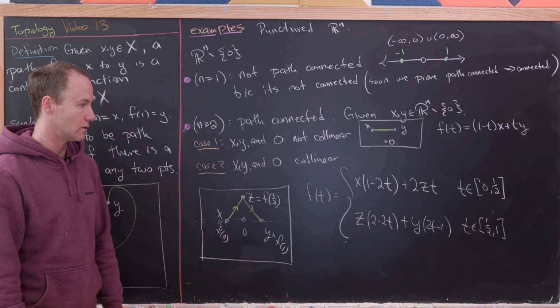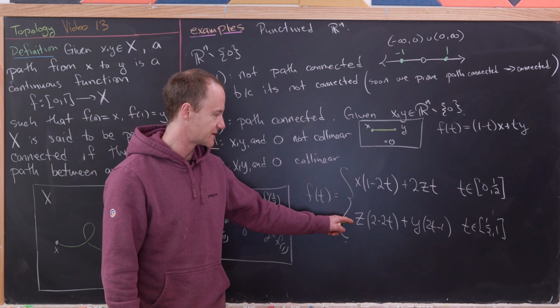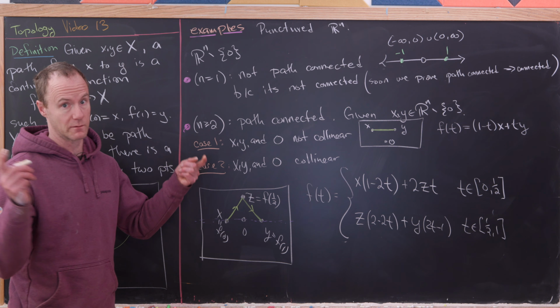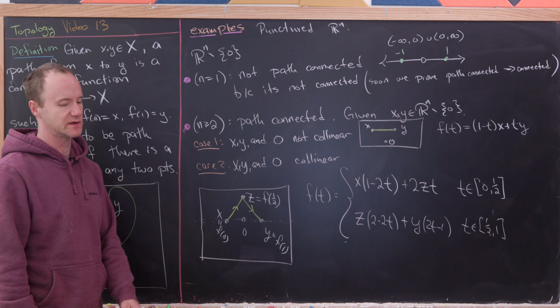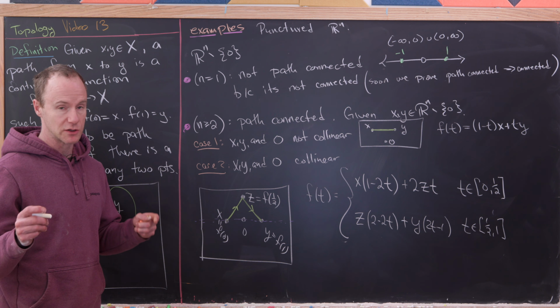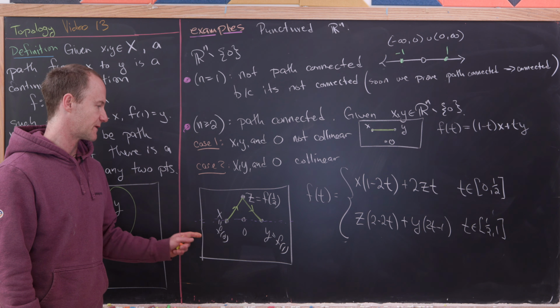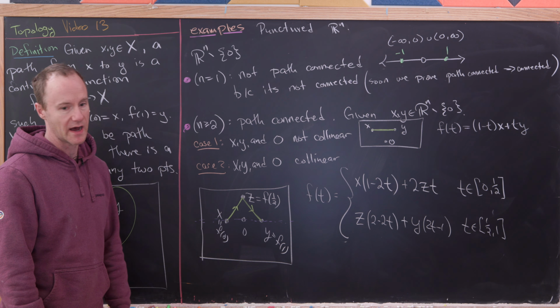And also, if we plug t equals 1/2 into this formula right here, we'll get z as well. So that's f of 1/2 for both of the pieces of f. But of course, we need that for this to be continuous. Okay, so anyway, by the gluing lemma, which we proved a while ago, this is a continuous function, which means we do have a path between x and y.